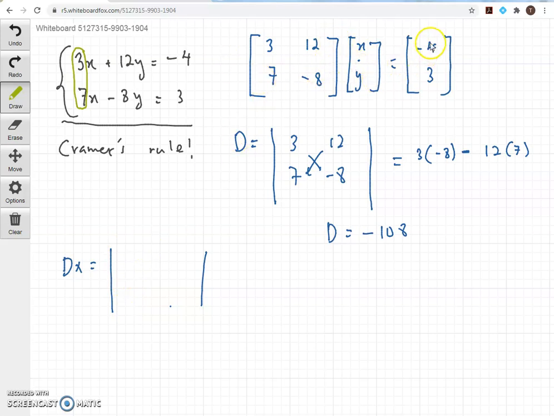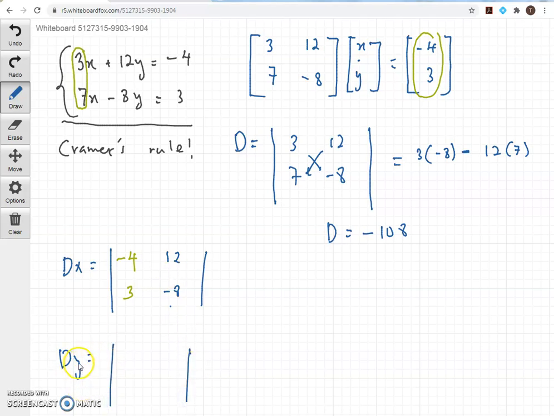You need to change 3 and 7 into negative 4 and 2. So you change it into negative 4 and 2 here, and the y column stays the same, which is 12 and negative 8.